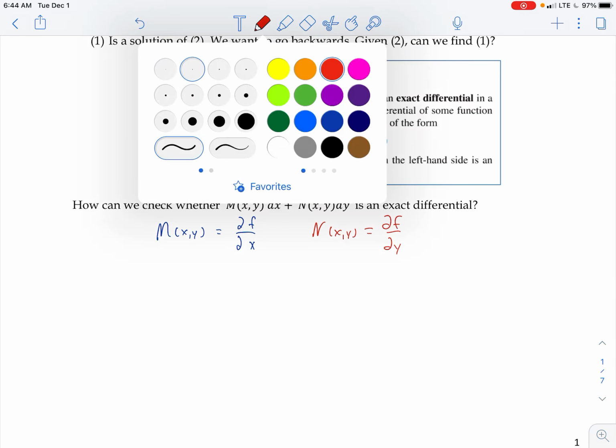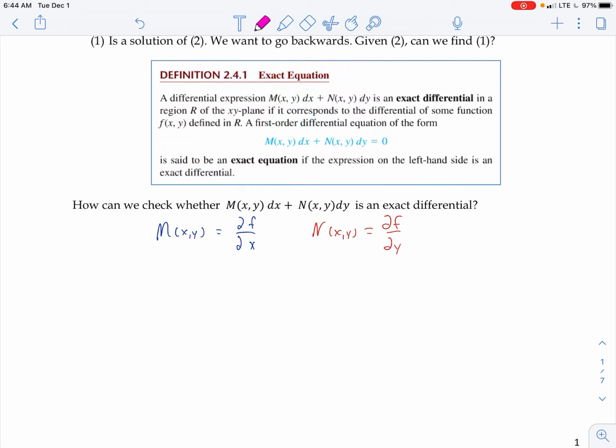Now, if I recall from Calc 3, if I take the partial derivative of f with respect to x, and then take it again with respect to the other variable, which is y, that should equal the partial derivative with respect to y taken first and then with x.